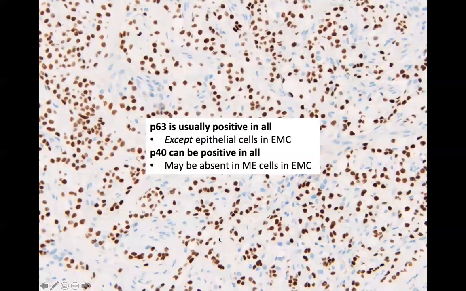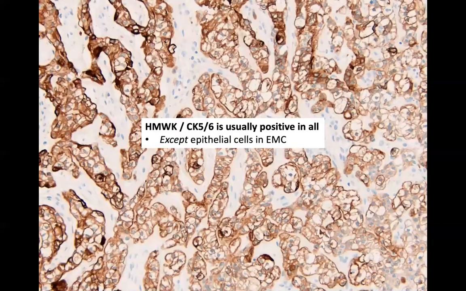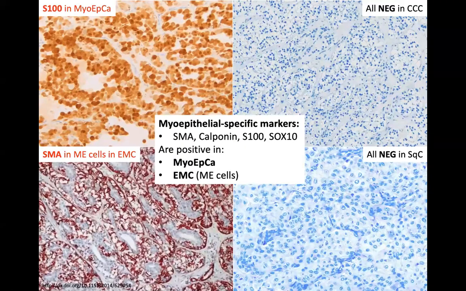So P63 and P40 are going to be highlighting essentially the majority of all of these tumors. Same with high molecular weight keratin, CK5-6. They're going to be highlighting the epithelial, squamoid, basal cells in all of these, except of course the epithelial cells in epimyoep. Okay. But those are just the P63s, the P40s, and the high molecular weight keratins.